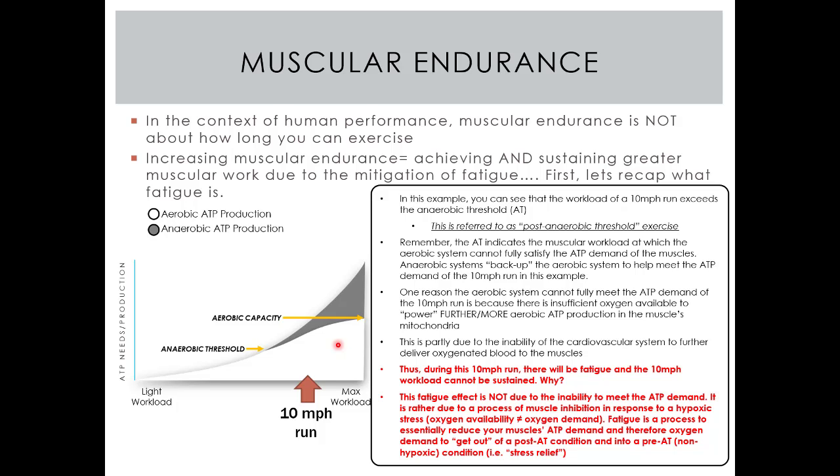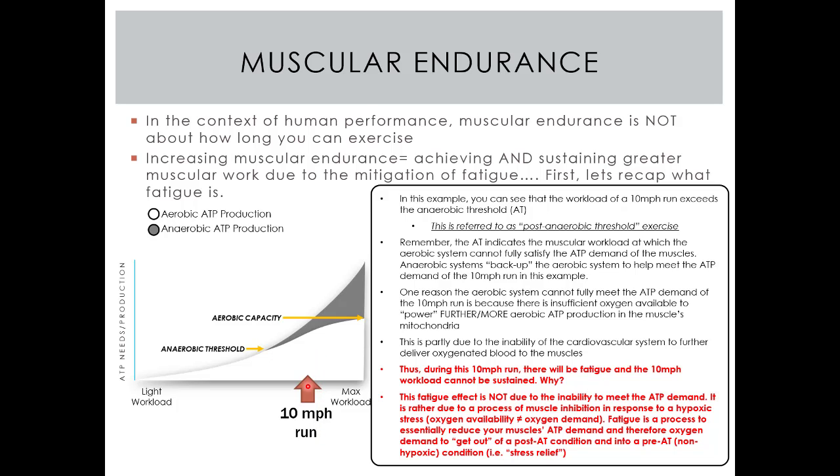Now, one of the reasons why the oxygen availability does not meet the oxygen demand during post-anaerobic threshold exercise is due to the cardiovascular system's inability to deliver oxygenated blood to the muscles at a rate that is needed to meet the full ATP demand aerobically. So let's say, for example, a 10 mile per hour running workload is a post-anaerobic threshold workload.